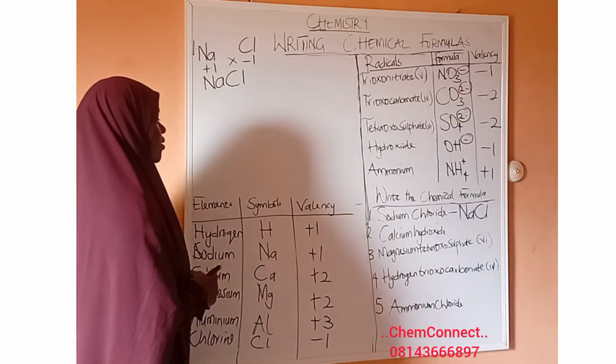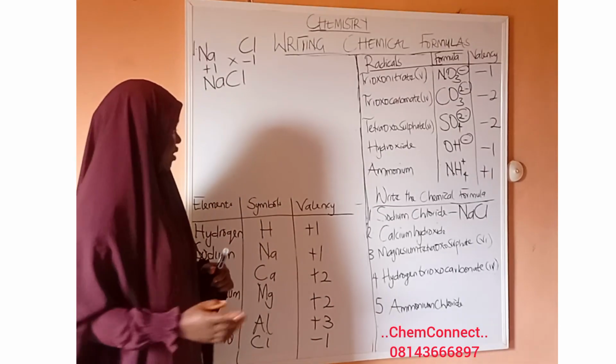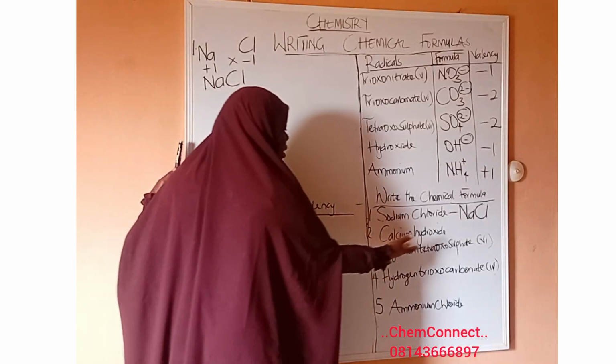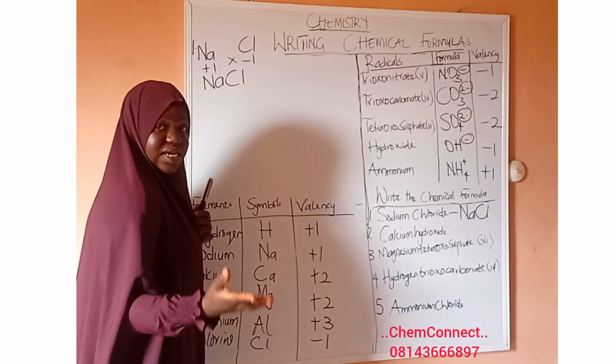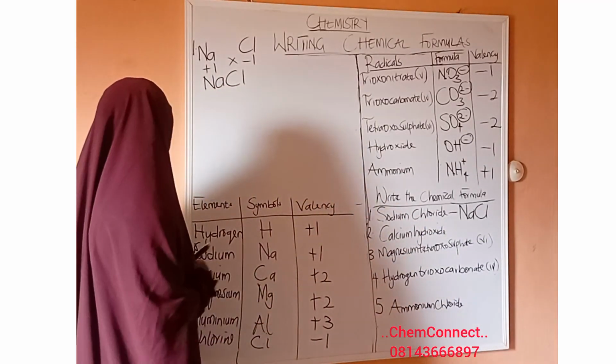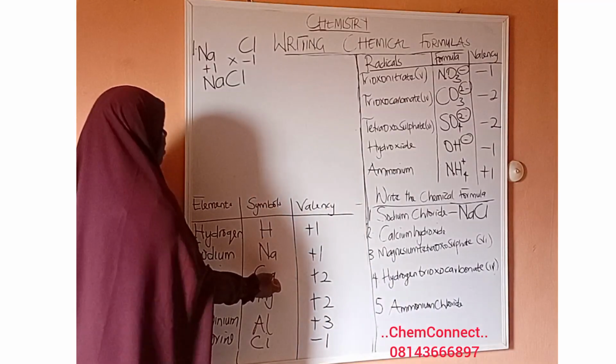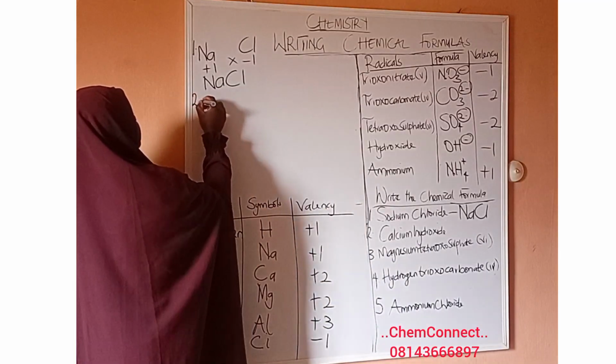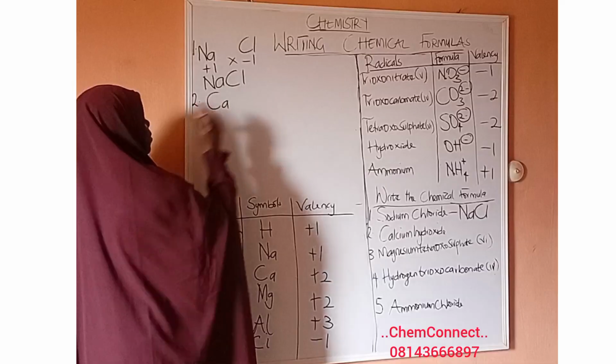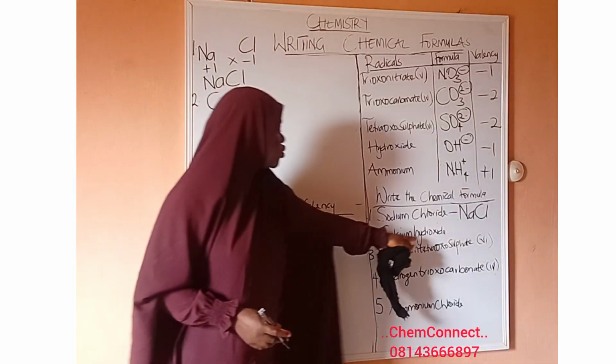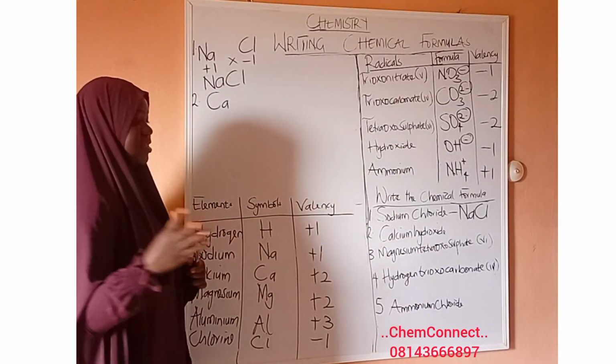Let's take number 2. Calcium hydroxide. The first step, note, write the symbol of the elements or radicals in the name you are given. Calcium, what's the symbol for calcium? Ca. What's the symbol for hydroxide? Now looking at this, hydroxide is a radical.